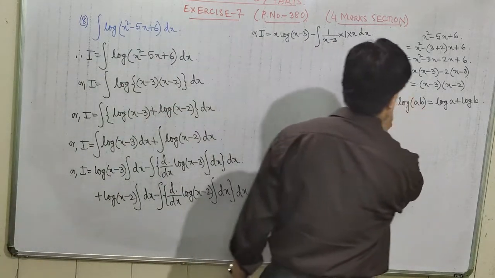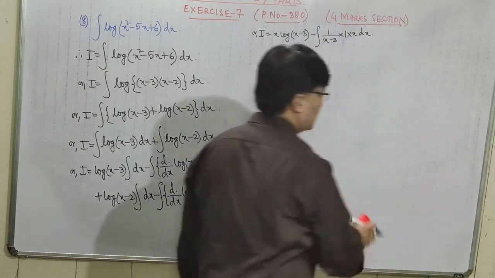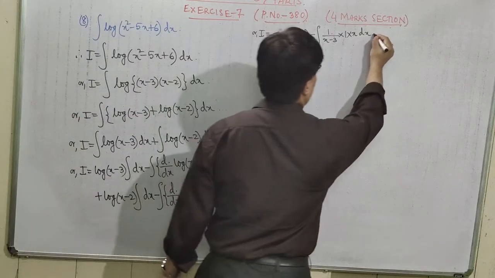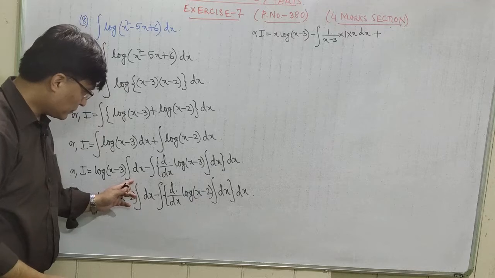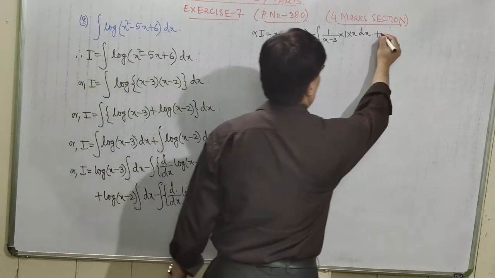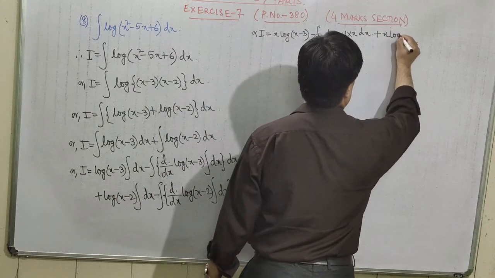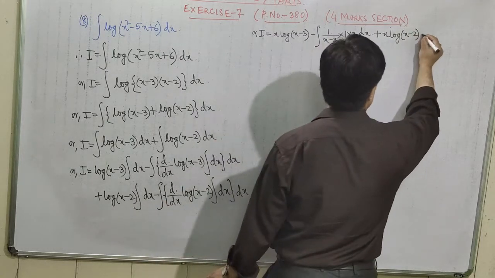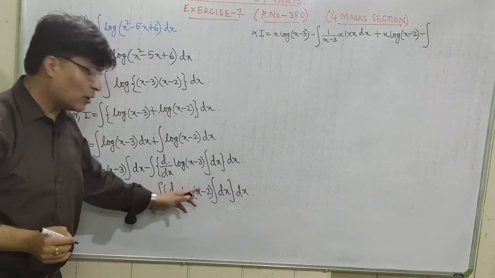So what will be the next term now? Then plus, this is the continuation line, plus, let us first integrate dx, that is x, then write down log of x minus 2, minus integration of, what is dy dx of log of x minus 2?